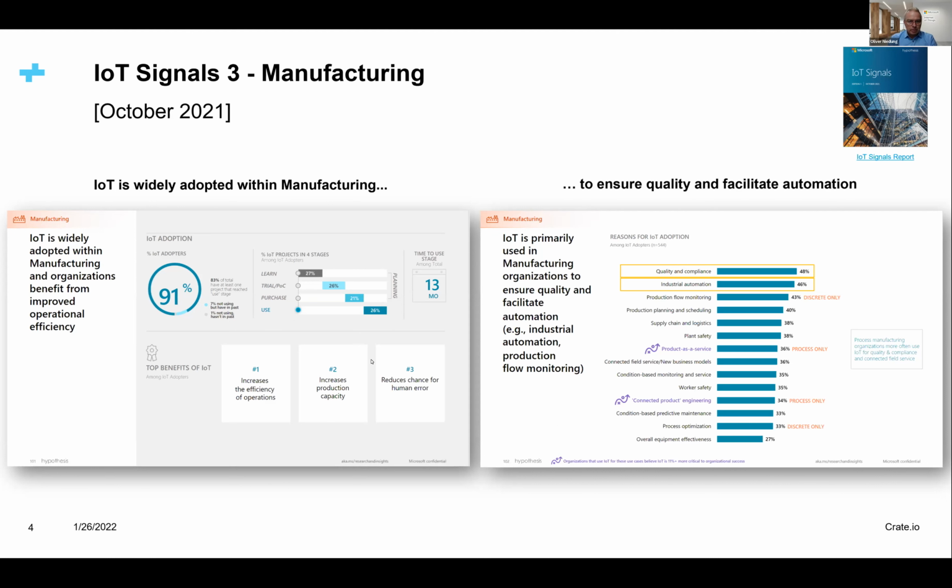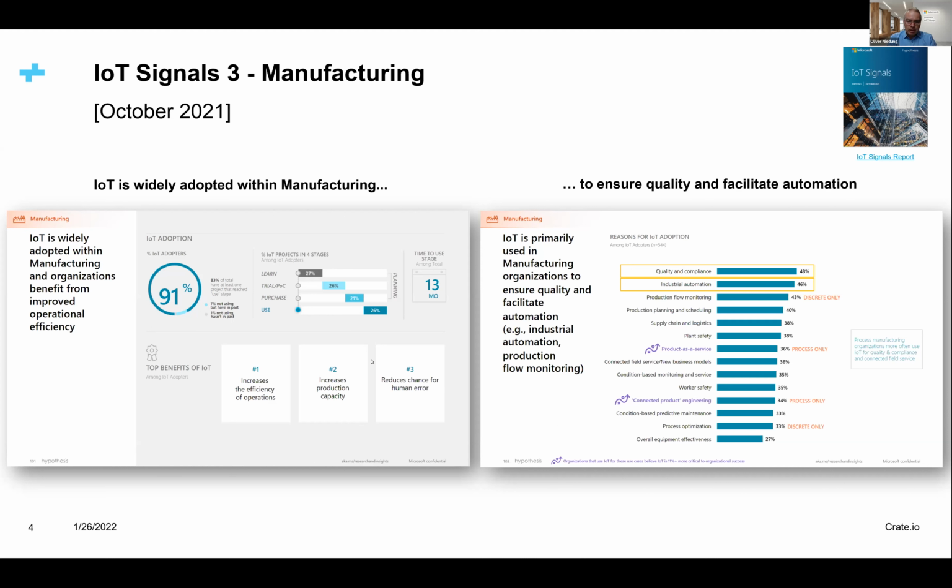In terms of maturity in the four stages that we split it into, there's about an equal number of people in learn, trial, purchase, or use. In past years, it was rather early stages because there was a lot to consider, and now people really are heavy in implementation at different stages.